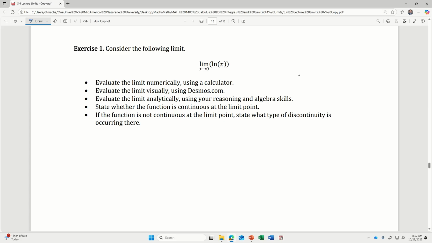If I wanted to evaluate the limit numerically using a calculator, I would take the natural log of 0.1, and then the natural log of 0.01, and then the natural log of like 0.001 and see where those are going, right? Guess where that's headed. I could evaluate the limit visually using Desmos.com. You can graph it and look at the curve.